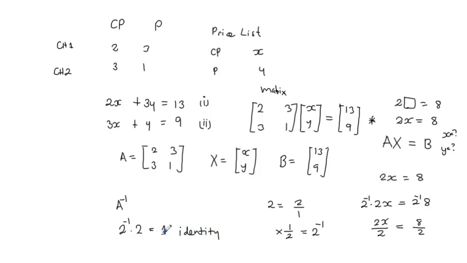Then we say 1 is an identity for multiplication. Then we'd get something here which behaves like 1, and actually this will be the identity matrix.